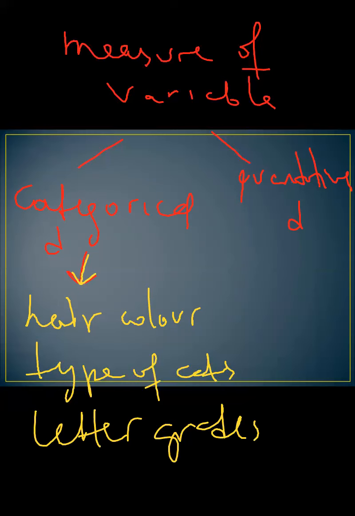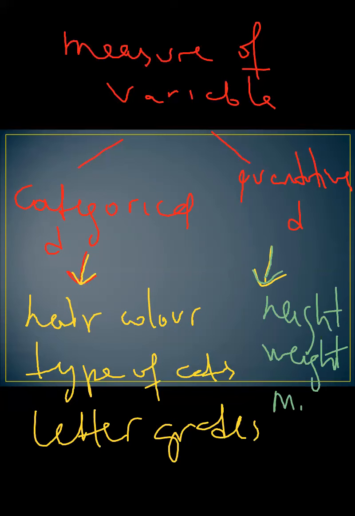Quantitative data comes from quantitative variables. They are height, weight, and middle score.